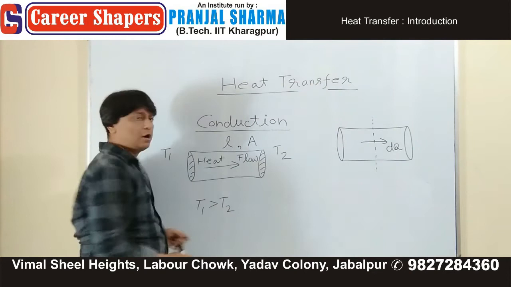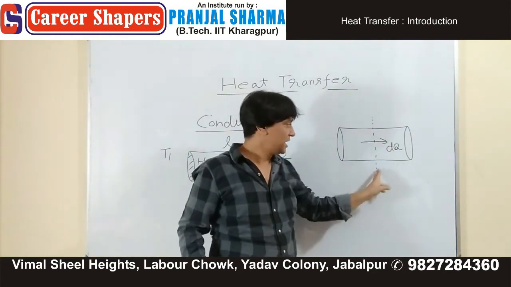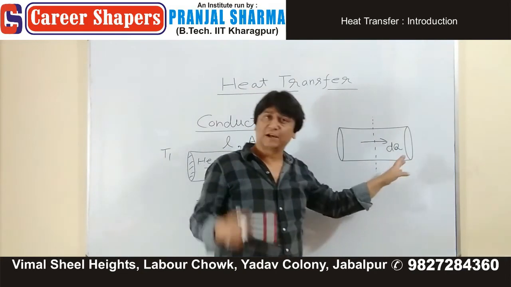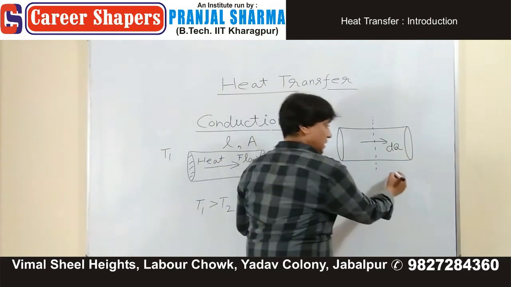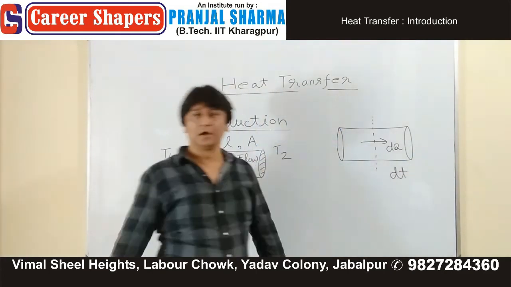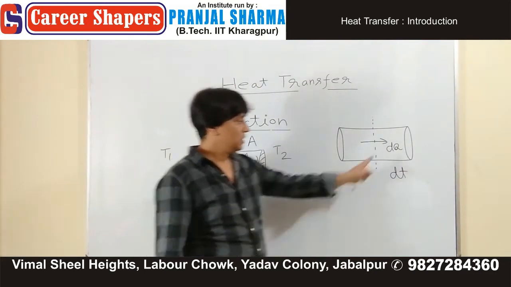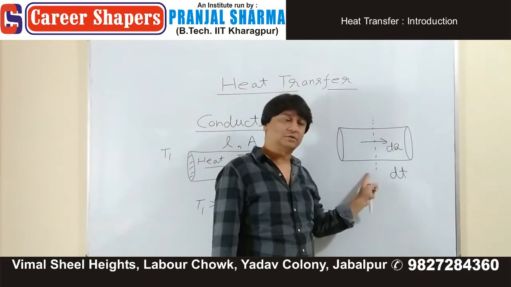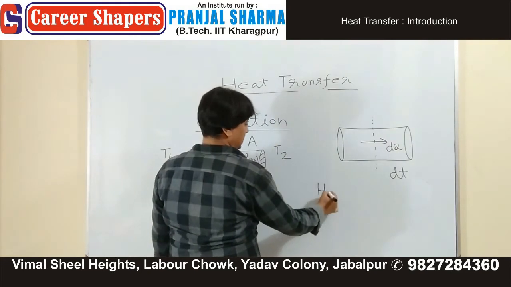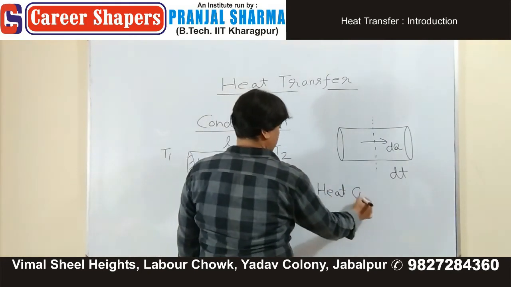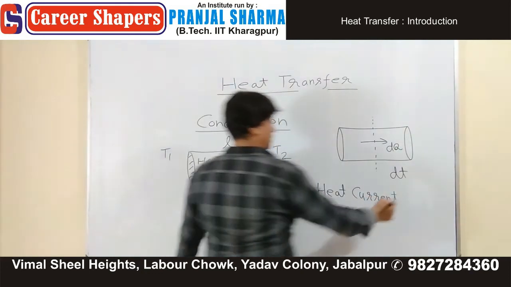This is the entire rod, and you have taken any arbitrary cross section of it, and through that cross section, dq amount of heat is flowing in time interval dt. So write down all these terms. dq heat is flowing through the cross section in dt time. Then we define a term, heat current, I.